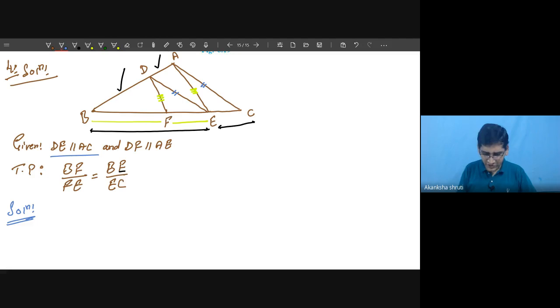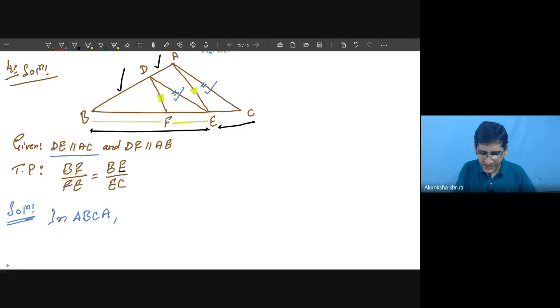So take the bigger ratio or bigger triangle. While DE is parallel to AC, I need to take the triangle BCA or ABC. But better habit is you just start with the common vertex B, and in that we can write in triangle BCA.